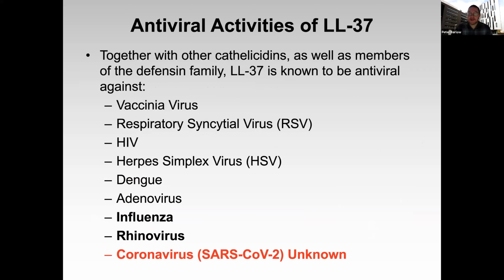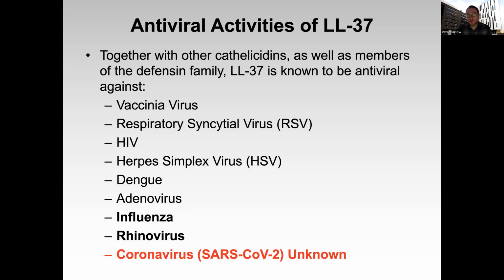LL-37 actually has a huge range of antiviral activities. You can find cathelicidins from lots of different species that have massive antiviral effects against a range of different viruses. And defensins, the other human family of host defense peptides, also have antiviral effects.